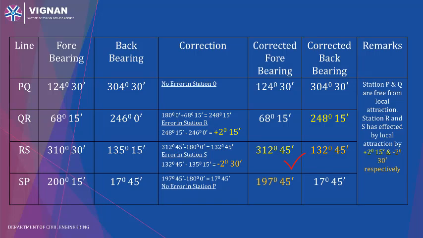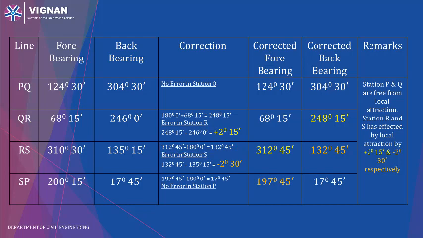Considering 312 degrees 45 minutes as the corrected forebearing, if we deduct 180 degrees, we will get the corrected back bearing, that is 132 degrees 45 minutes.